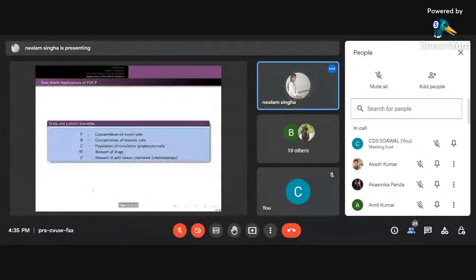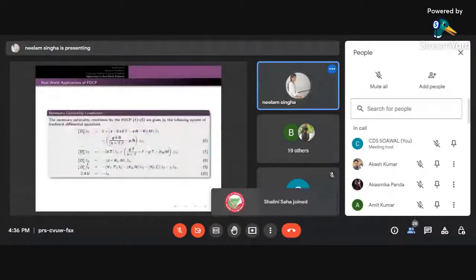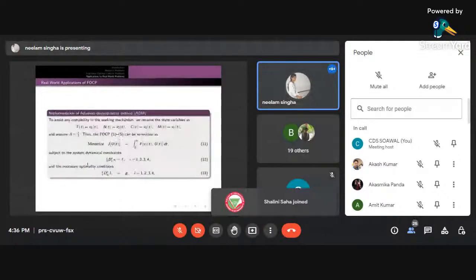So here, what I have done is use the Adomian decomposition method. I am very sure that people working in numerical analysis are well aware of the decomposition method. I have implemented the Adomian decomposition method to solve this problem. Everyone knows that whenever we apply it, we get the necessary optimality conditions with its help.